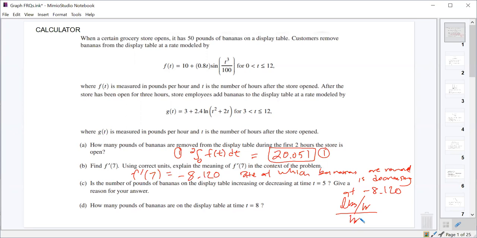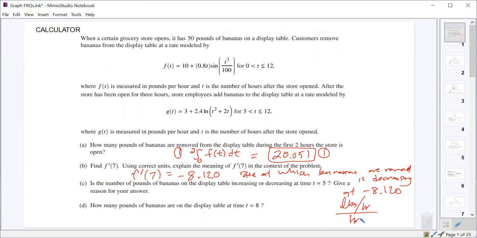Okay. Part C says, is the number of pounds of bananas on the display table increasing or decreasing at t equals 5? To know that, we have to write an equation that represents the number of pounds on the table at any given time.